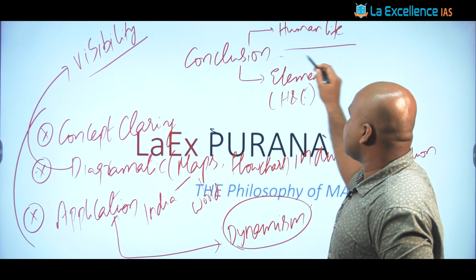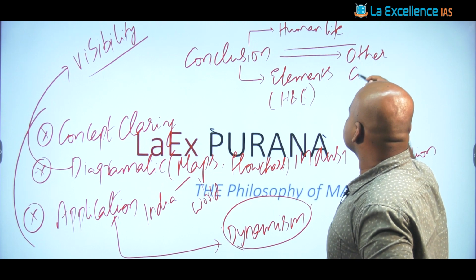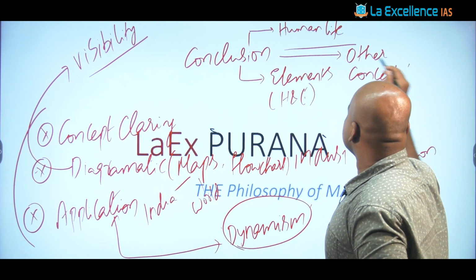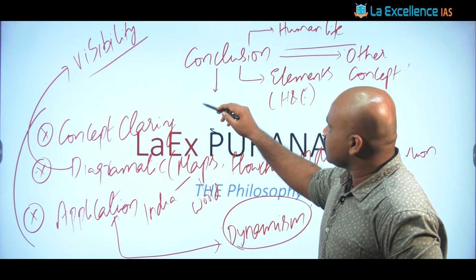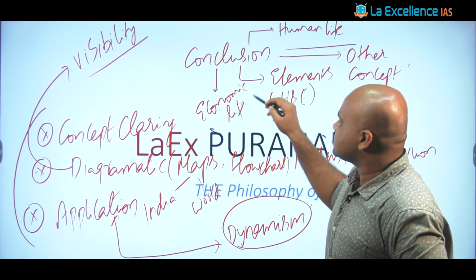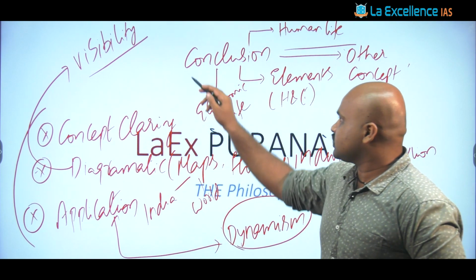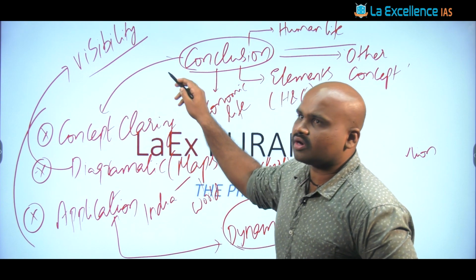Or is it relevant in understanding some other concept? Or is it impacting economic life or economic activity in certain aspects? This is the way you conclude a geography answer, for the reason that it is all involved with the concept.